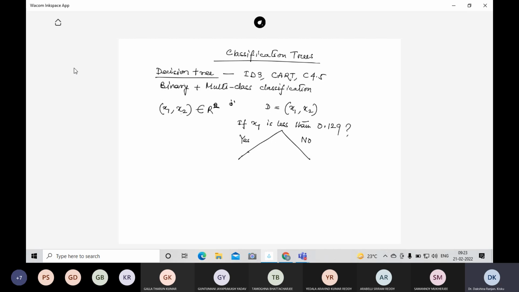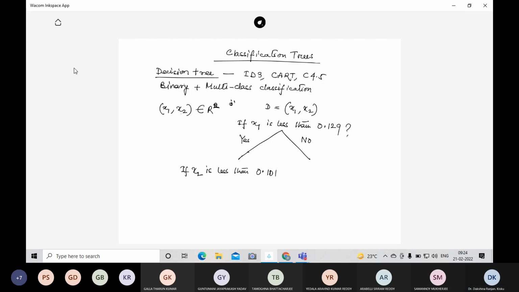So let us consider here now, if x1 is less than 0.129, then we will go for x2 and we will check whether x2 is less than, let's say, 0.101.